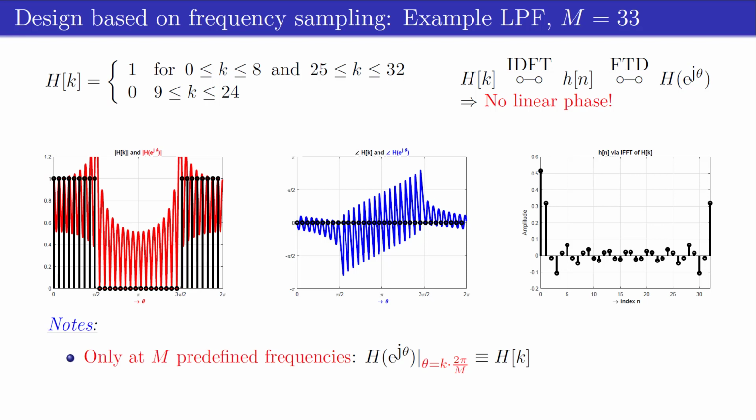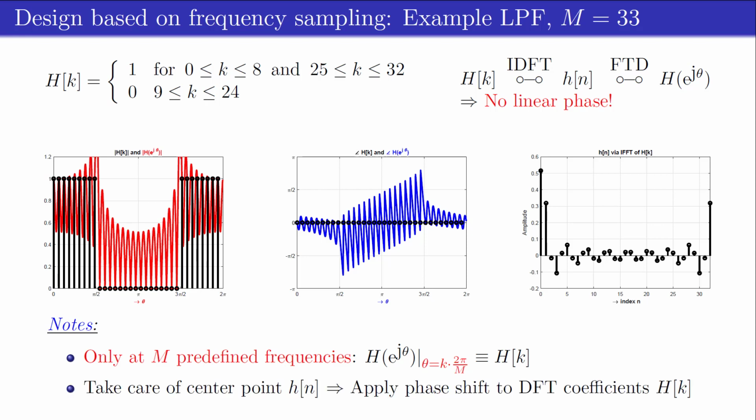This follows from the fact that the impulse response h[n], as depicted at the right-hand side figure, is not symmetric around the center point n=16. By applying a phase shift to the DFT coefficients H[k], the impulse response h[n] can be made symmetric around the center point, which will be shown in the next slide.